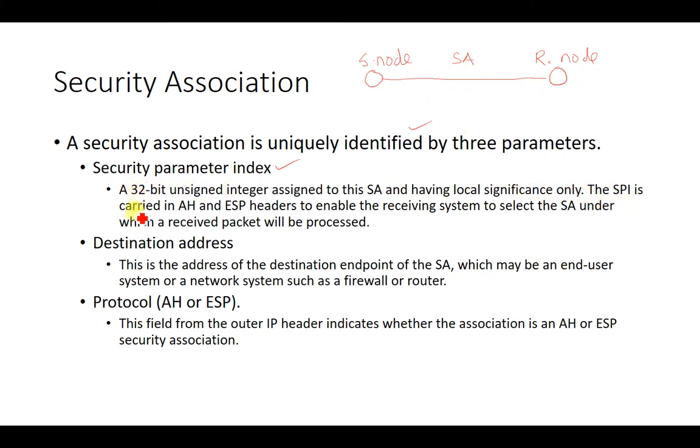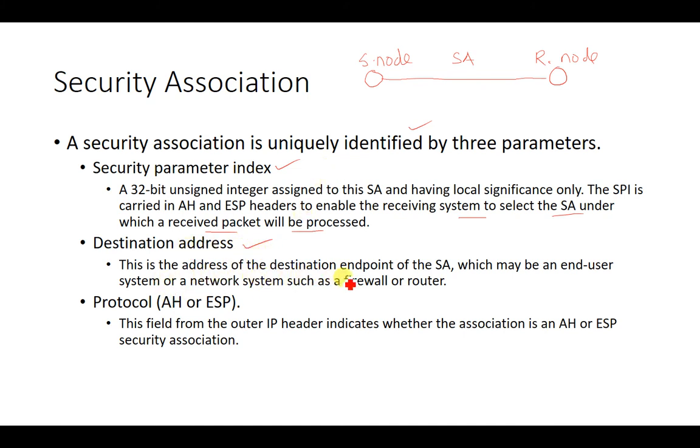The SPI is carried in the AH and ESP header, as I have already told you, to enable the receiving system to select an SA under which a received packet will be processed. So this will be transferred through AH or ESP whenever you are transferring data from the S node to the R node.